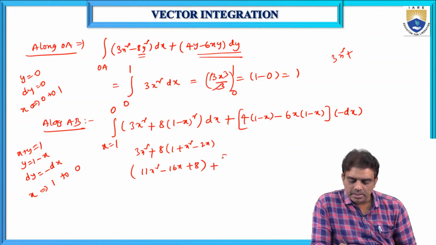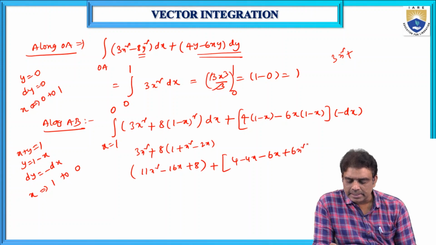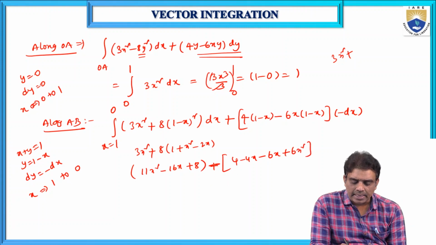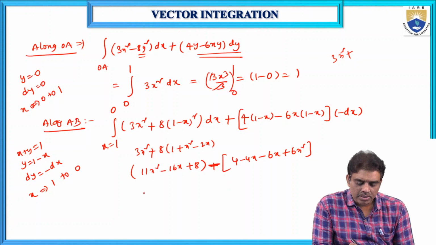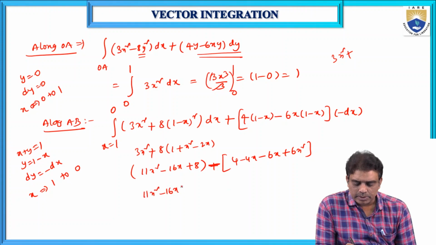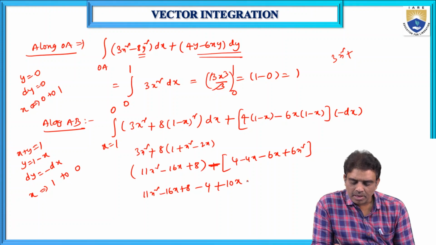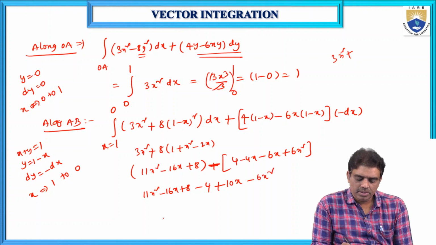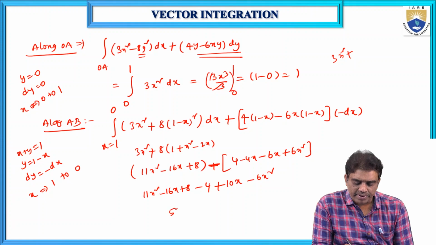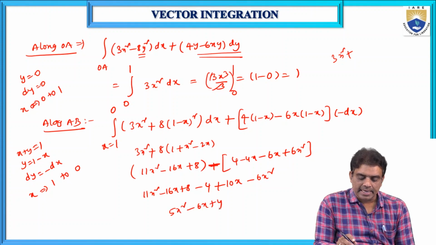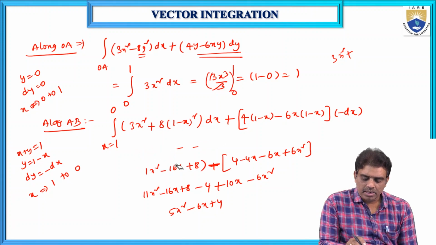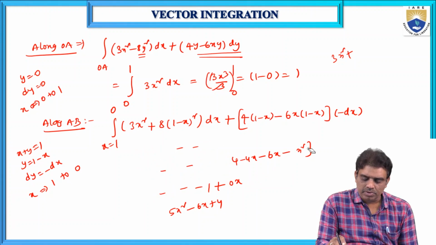And here, this is 4 minus 4x minus 6x plus 6x square, with a negative sign. So 11x square minus 16x plus 8 minus 4 minus 10x, that is plus 10x minus 6x square. So what is the value? 11 minus 6, 5x square, and minus 6x plus 4. So I will write the entire equation here.